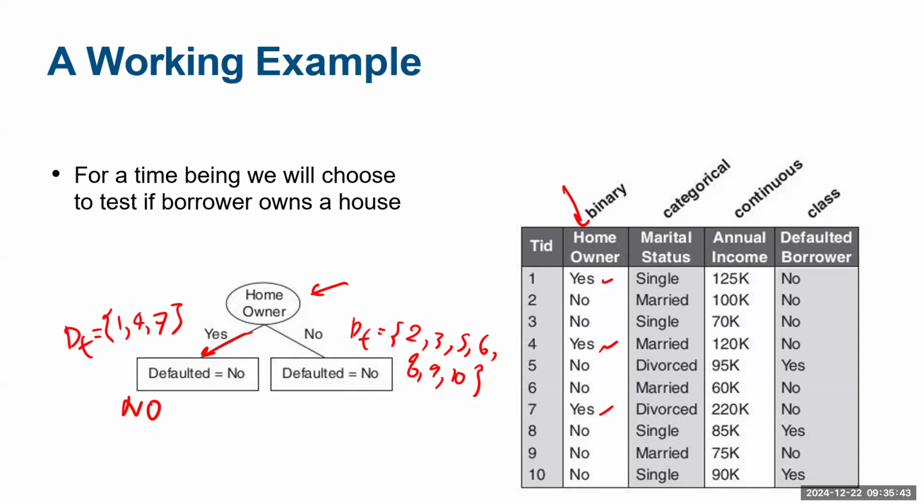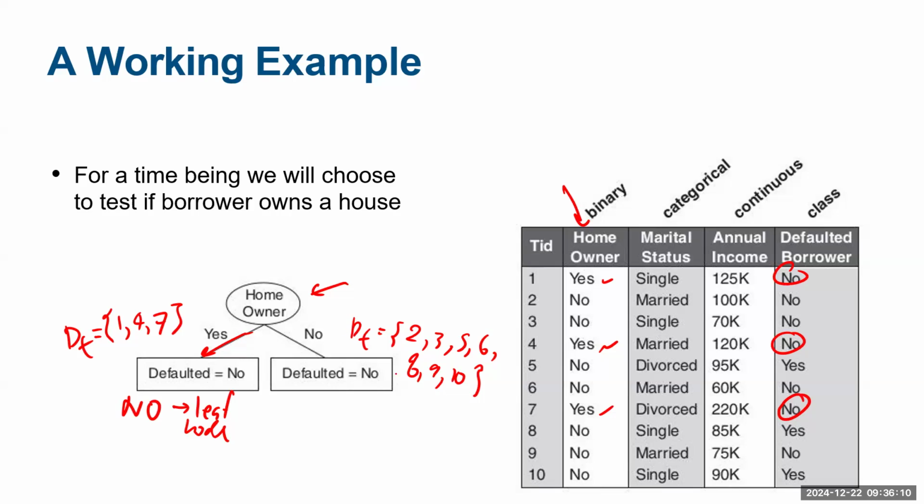You have no, no, and no, so everything becomes no. So this node is going to become a leaf node. On the left side, you don't have to expand anymore. Stopping here is the right decision.